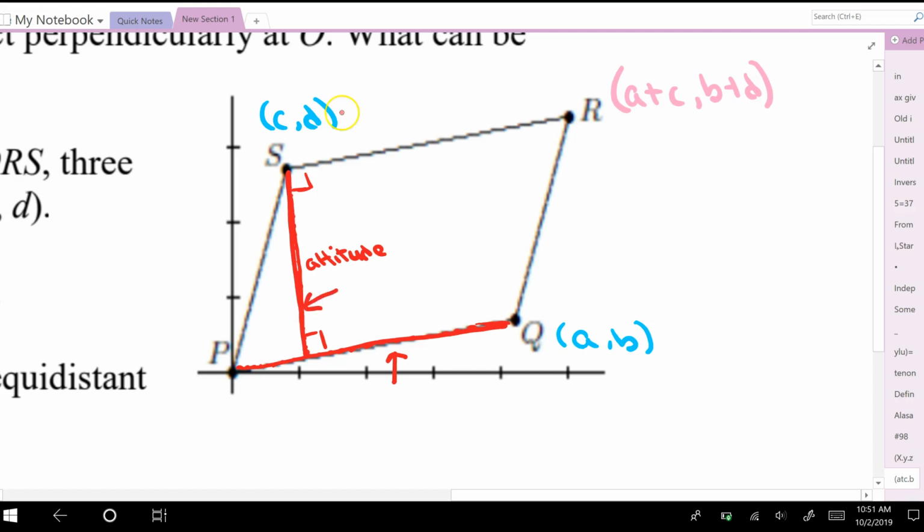Then we'd use a point on this altitude line, solve a system of equations to find the point, and then use the distance formula to find the altitude, all to get to the area of the parallelogram, which is just base times altitude.